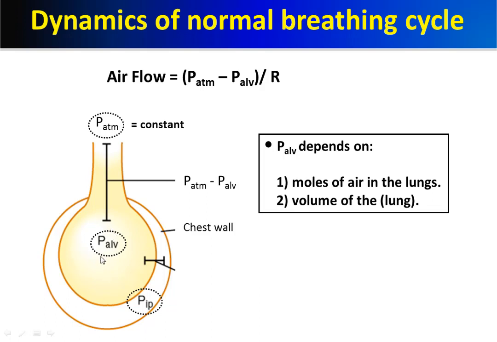Based on Boyle's law, the alveolar pressure is determined by the volume of the lungs, the volume of the alveoli, and the number of molecules, or the number of moles, of air inside the alveoli.